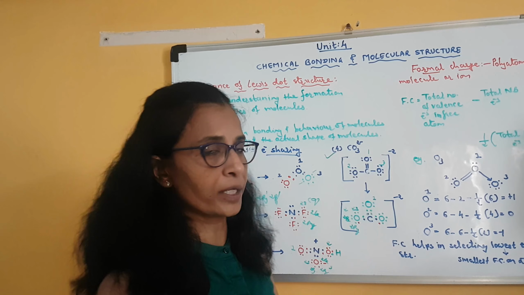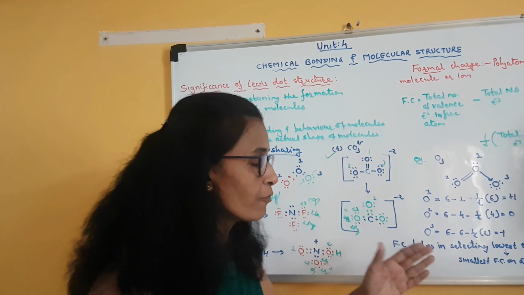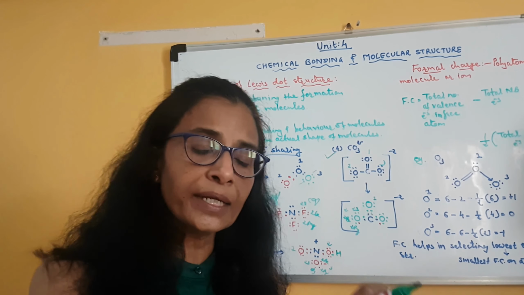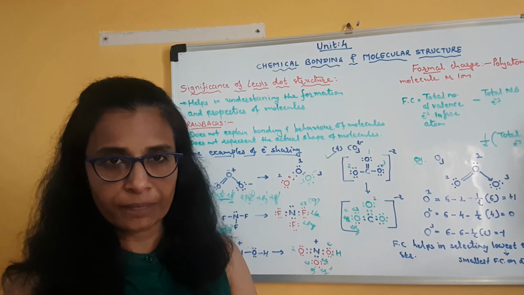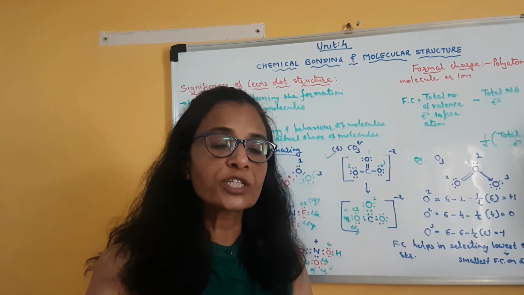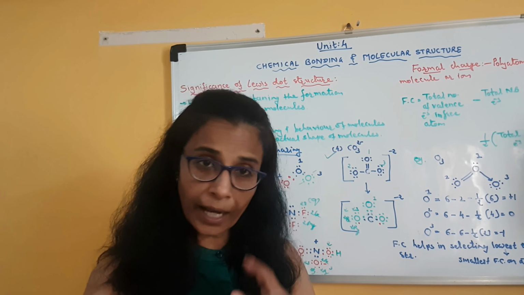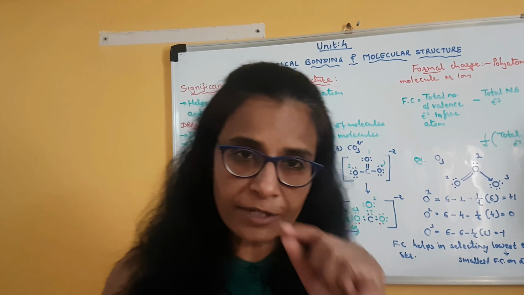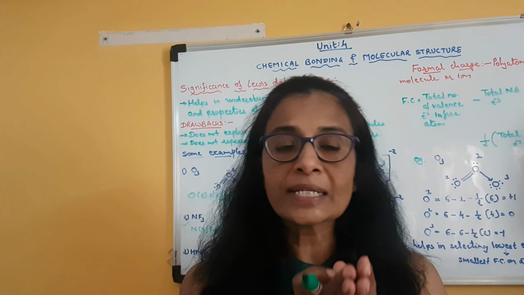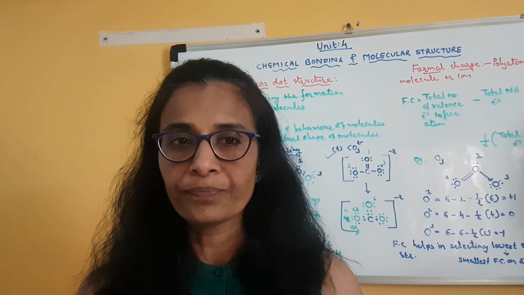Formal charge means what? Formal charge is the difference between the number of electrons present in the valence shell of the atom in its isolated or free state, and the number of electrons which are shown by the Lewis dot structure around that atom. Where I repeat, formal charge is defined as the difference between the total number of valence electrons present in the free or isolated atom.